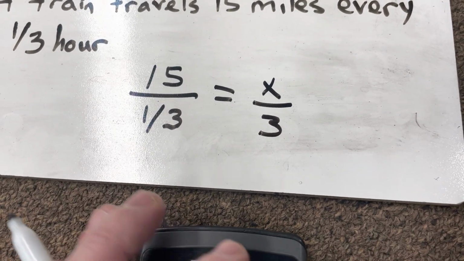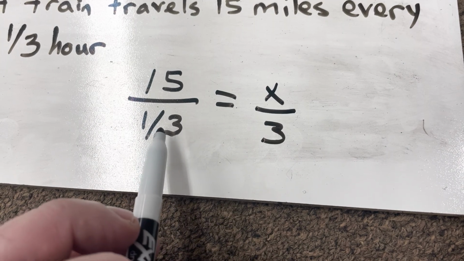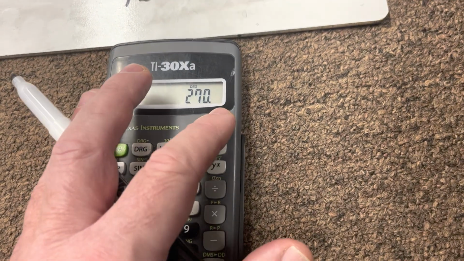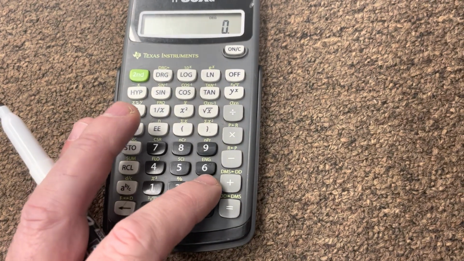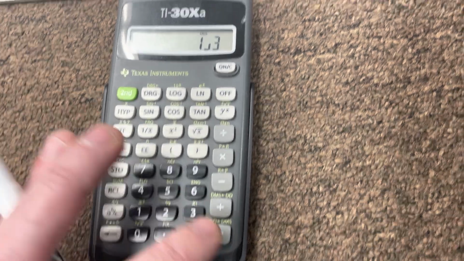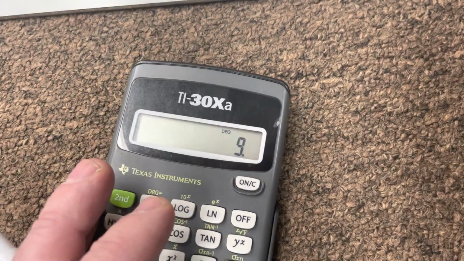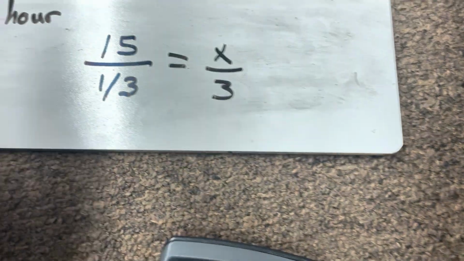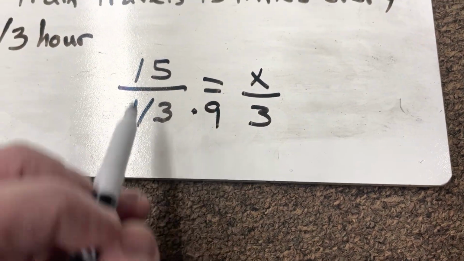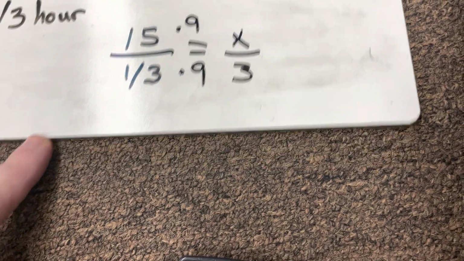I'm going to say, well, I want to know what I did to 1/3 to get 3. I know I multiplied because the number got bigger. So it's essentially 3 divided by 1 over 3. So I can figure out what I did. Well, it equals 9. So I know here that I multiplied by 9, which means I have to do the same thing to the 15. I have to multiply it by 9.